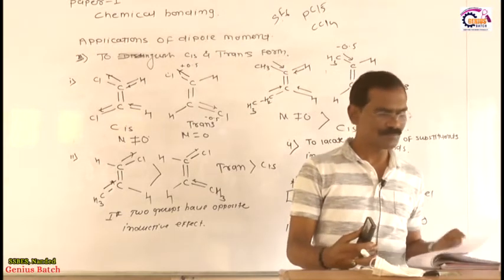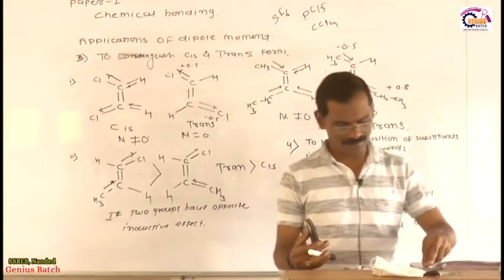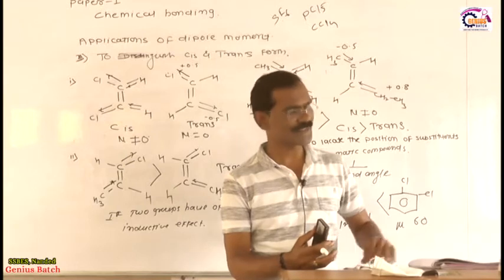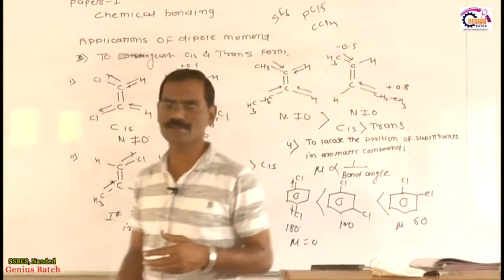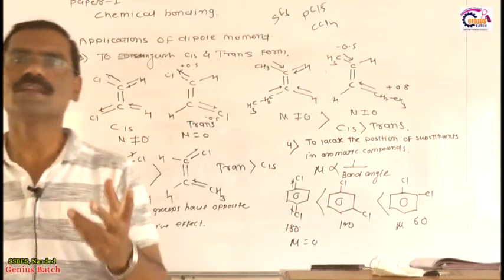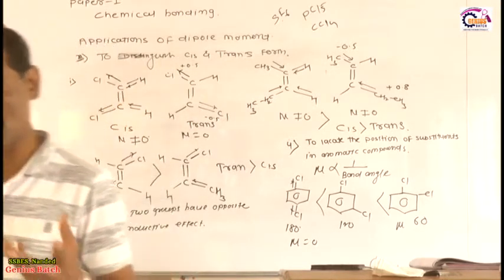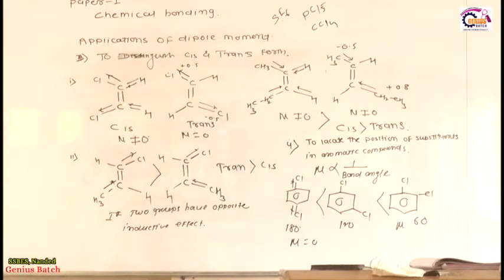But before discussing that, I am going toward the next theory of this topic, because in previous videos we completed molecular orbital theory, and after that the next point was hybridization.